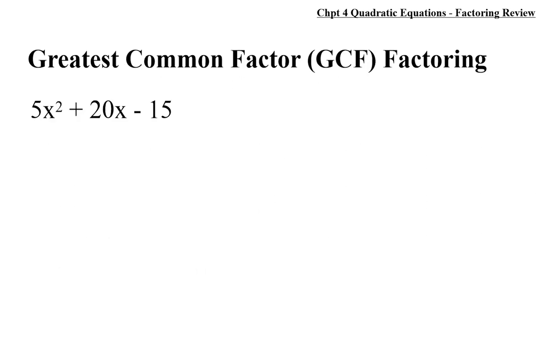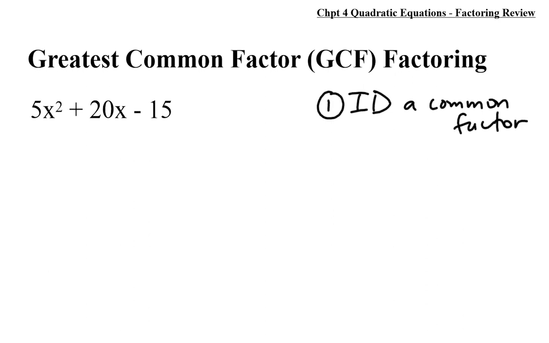First type, greatest common factor factoring. We did already deal with this a little bit this unit, but not a ton. So officially, greatest common factor factoring. First thing is to identify a common factor. When we work with a common factor, we want to identify the biggest amount that is common to all 3 terms in this case.